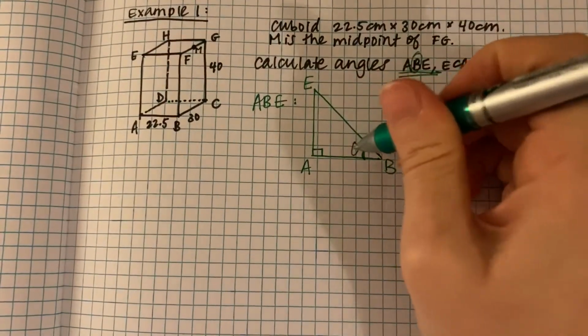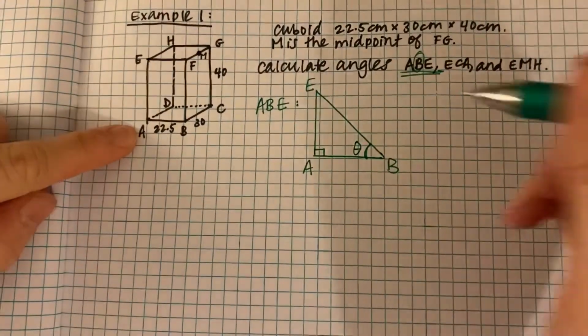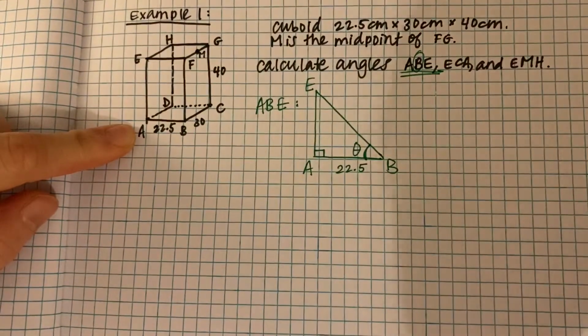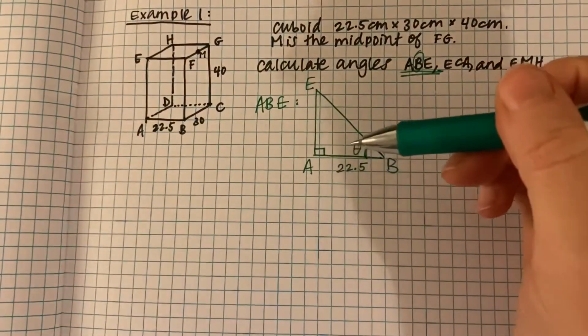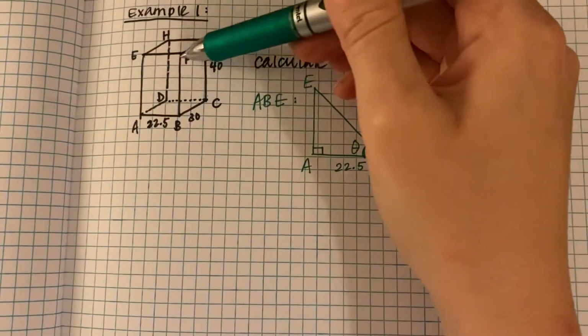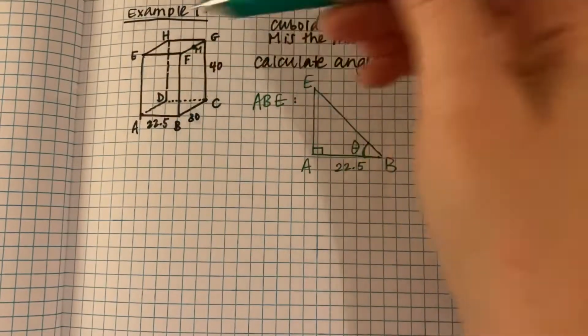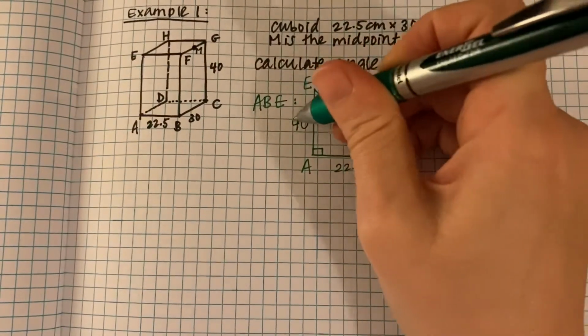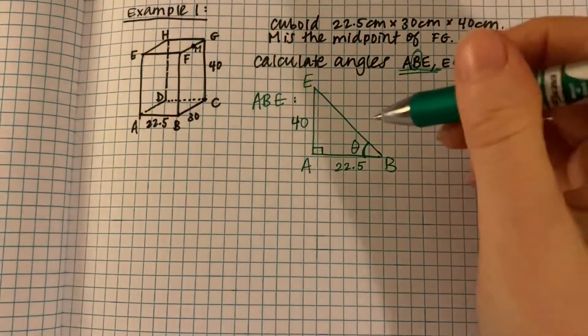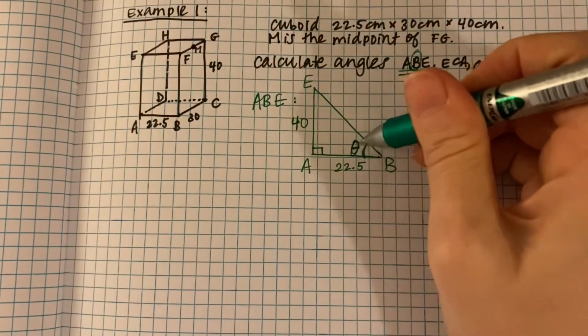I'll call that theta. We know that the distance A to B is 22.5. And the height here is matching this value here, 40. So all of these heights of the entire cuboid are each 40. We can use that information to find our angle. We're working with trigonometry and we want to use the inverse of a function to find the angle.